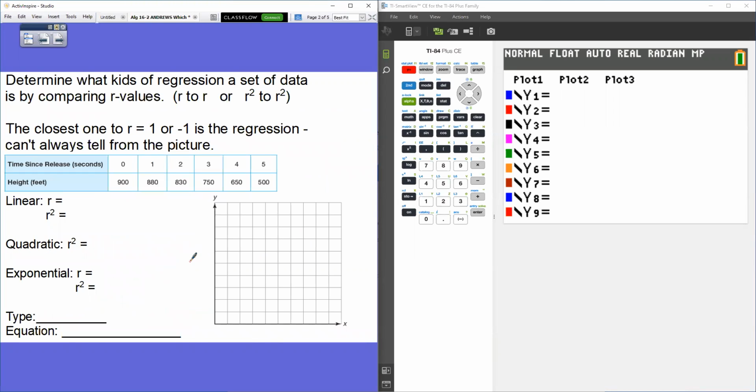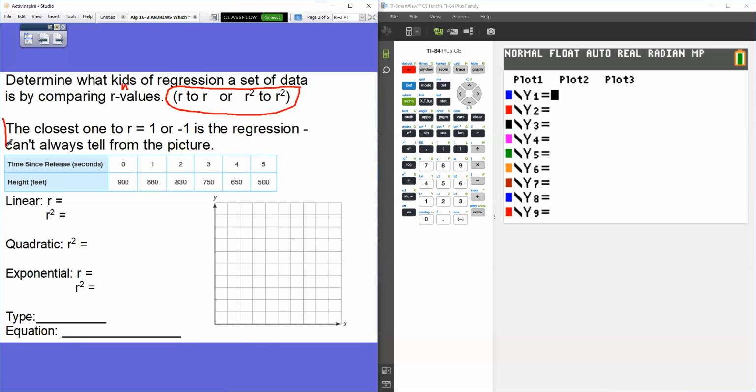There are 2 different types of questions. Here's the first type: determine what kinds of regression a set of data is by comparing R values. You're going to compare an R to an R or an R squared to an R squared.